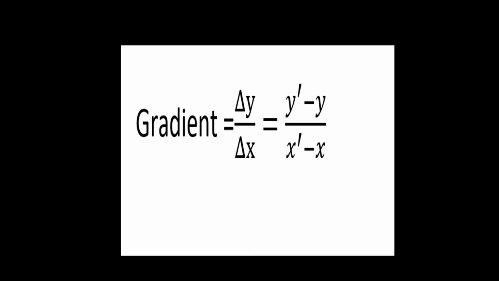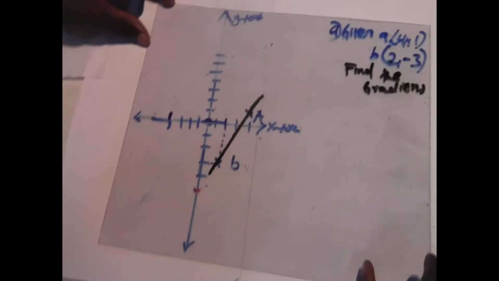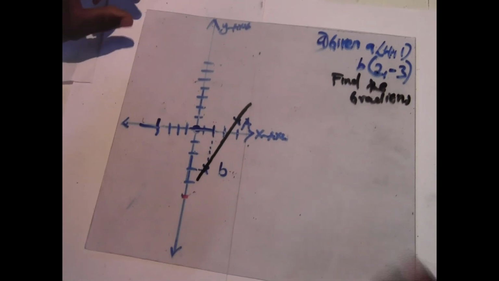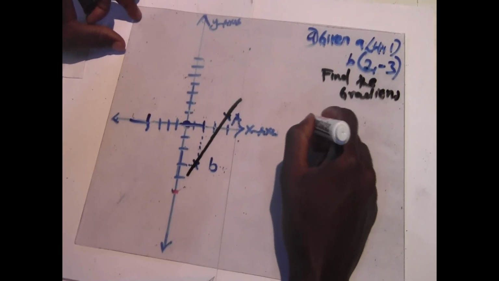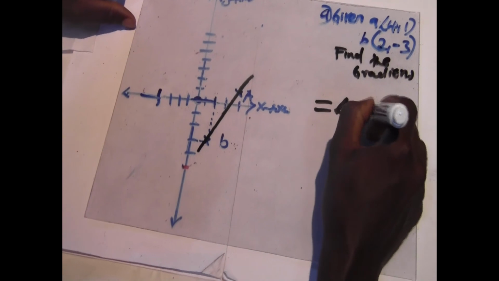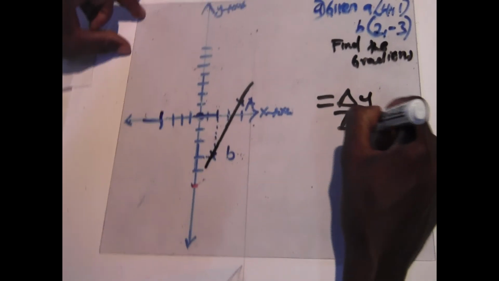Remember our formula: the gradient is equal to the change in y coordinates over the change in x coordinates.